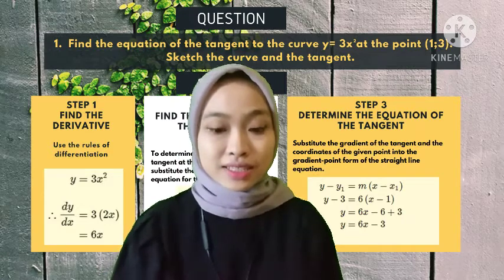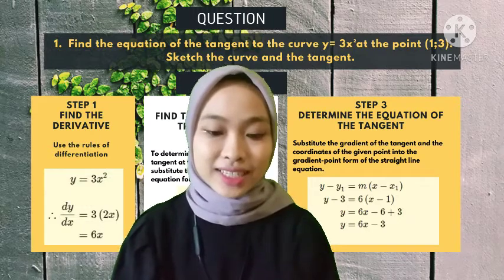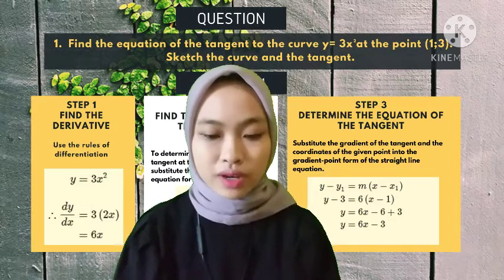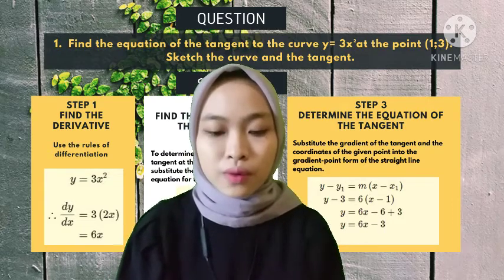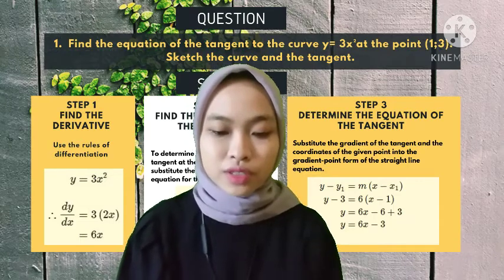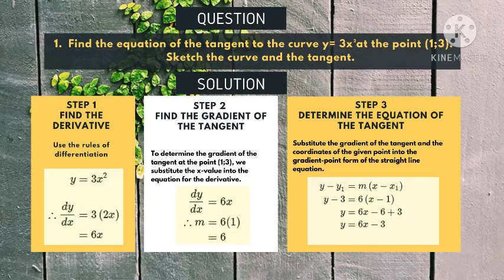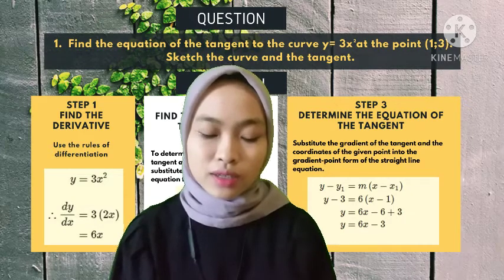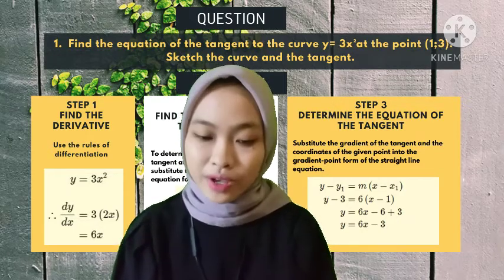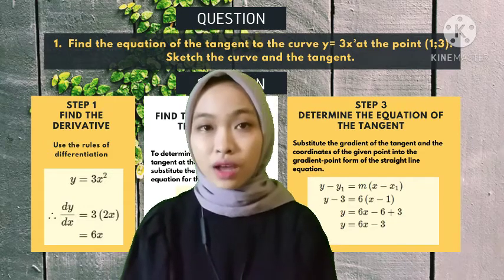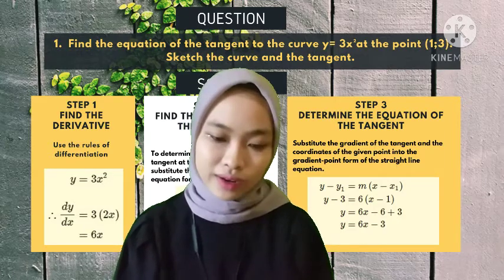Okay, step 3. Determine the equation of the tangent. So you substitute the gradient of the tangent and the coordinates of the given point into the point-gradient form of the straight line equation. Write the formula: y minus y1 is equal to m multiplied by x minus x1.